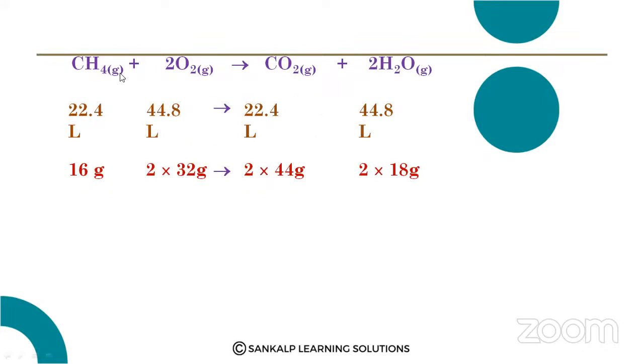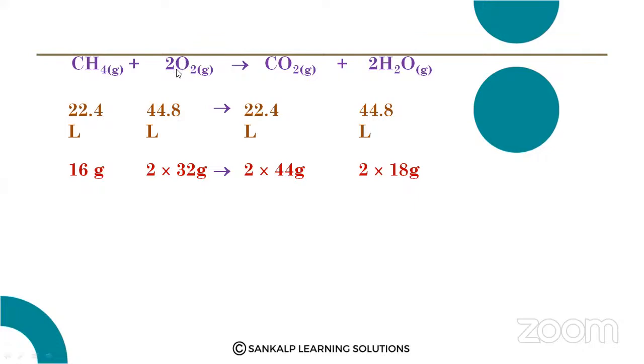Like we are calculating the volume and mass. Volume of gas is given as 22.4 in terms of liters. So when 1 mole is given, 1 mole is equal to how much? 22.4 liters. What is the mass? It is 16 grams. You know the molecular mass of methane is 16 grams.